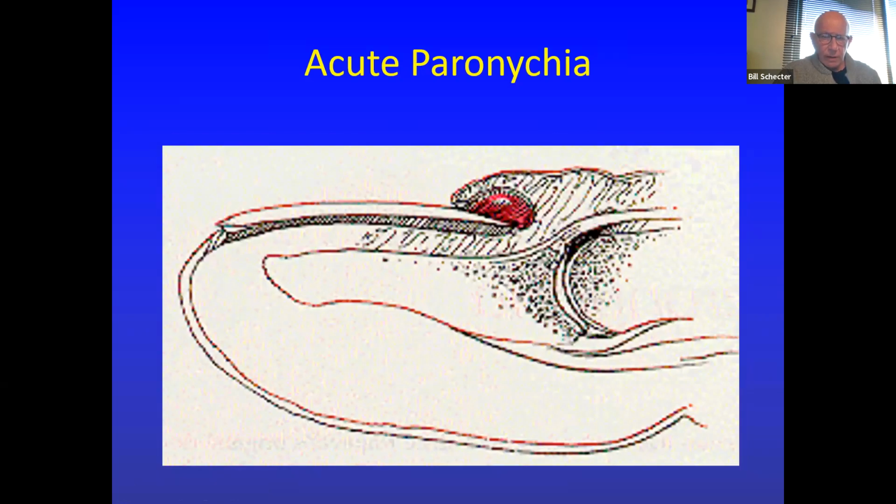So an acute paronychia, of course, is an abscess between the eponychium and the nail bed.